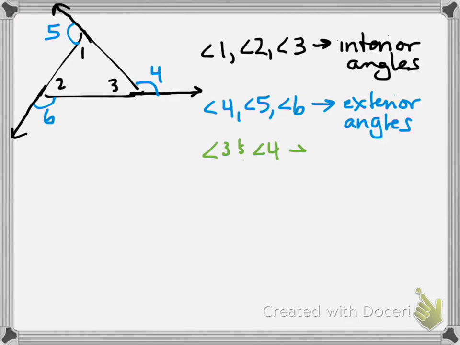What kind of angles are they? Nico? They form a straight angle, which means what do they have to equal? They equal 180 degrees. And if I have two angles that add up to equal 180, what's another name we can call them? Not straight. Oh, there we go, supplementary.